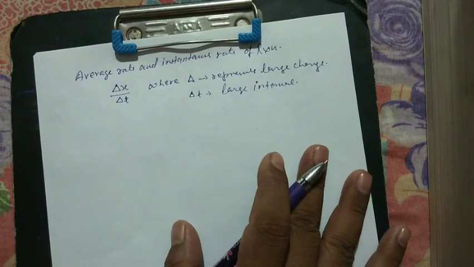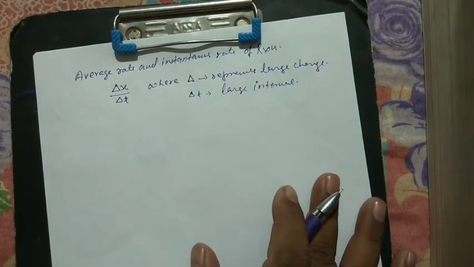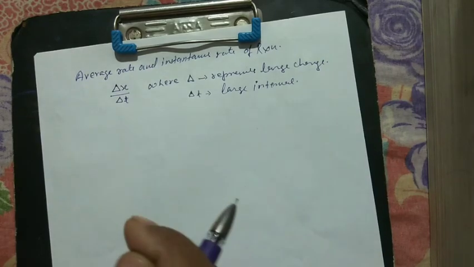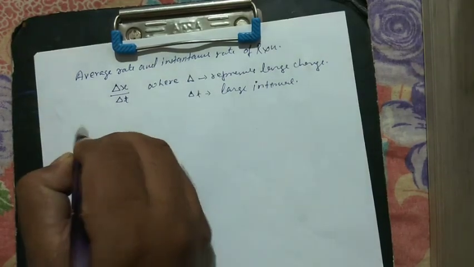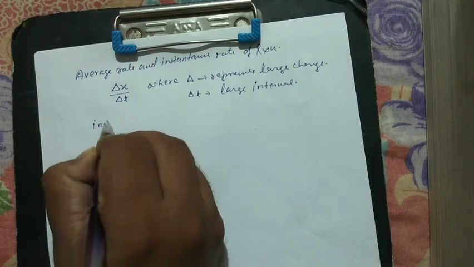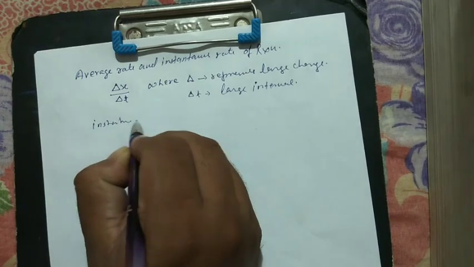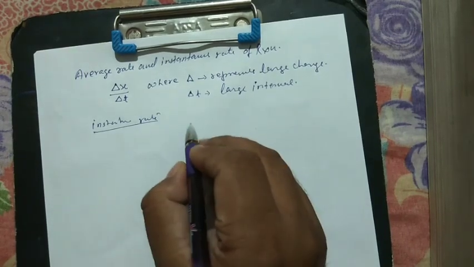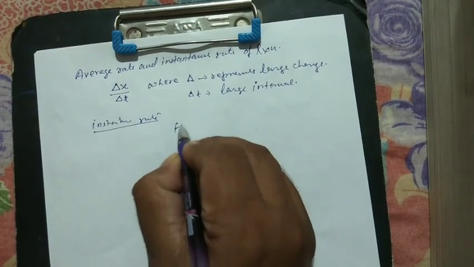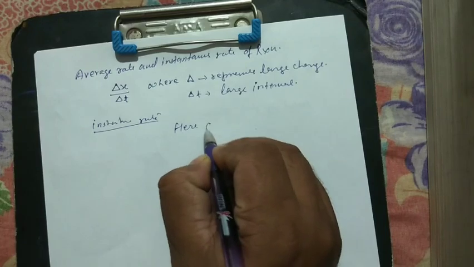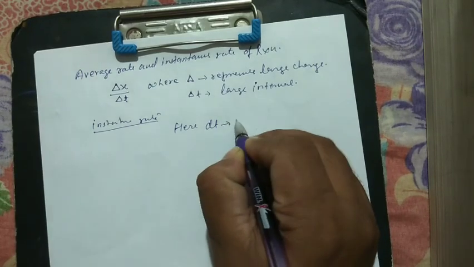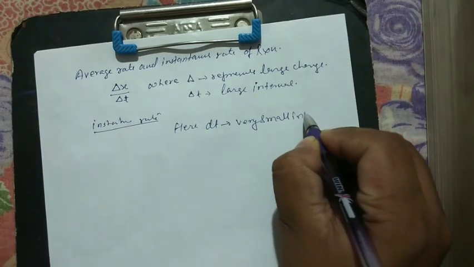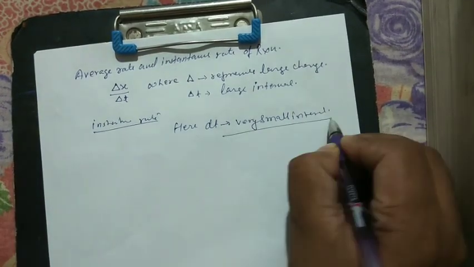Now let us talk about instantaneous rate. It means we are talking about a very small change. Here dt is a very small interval.